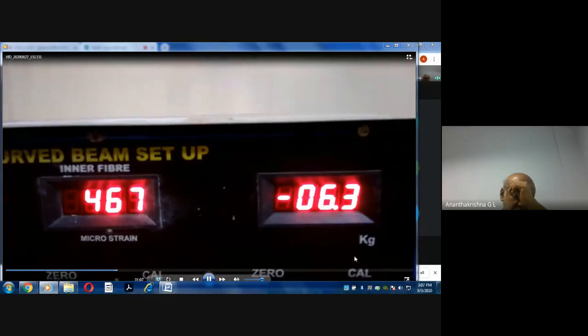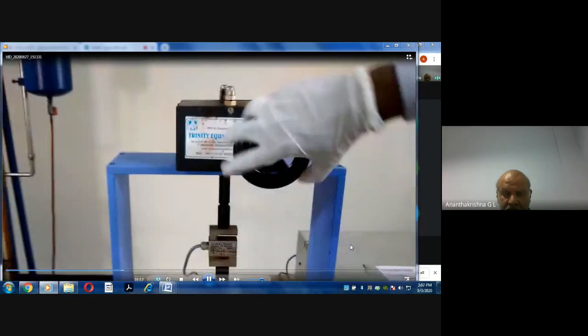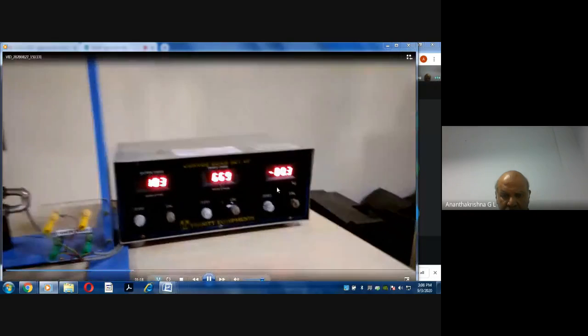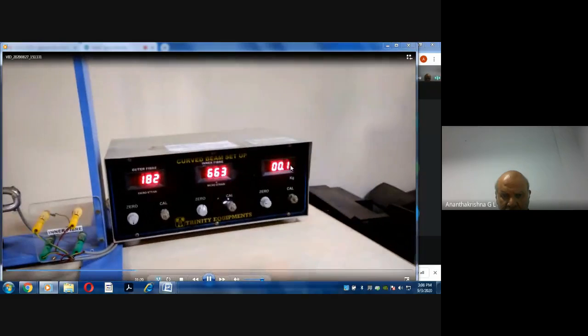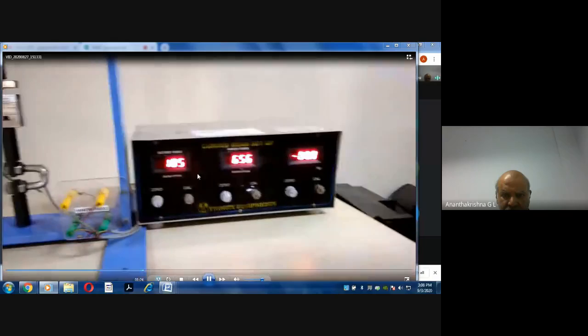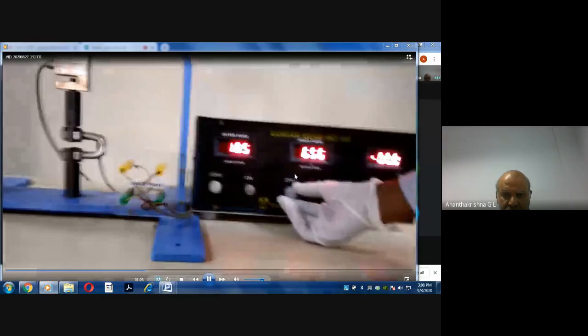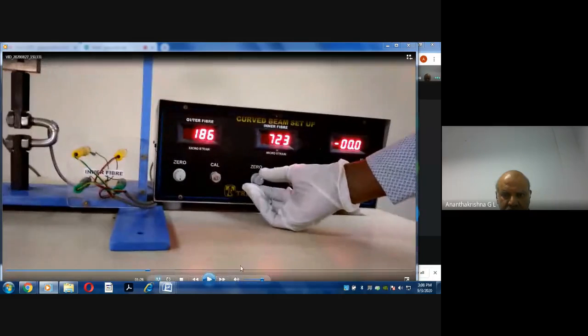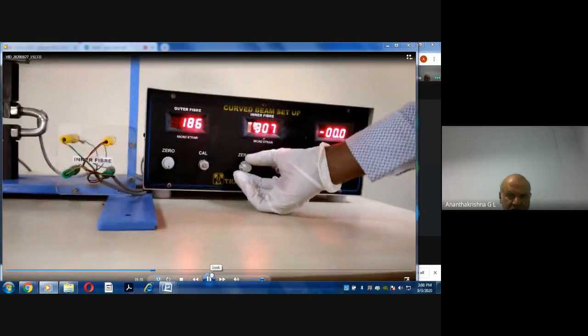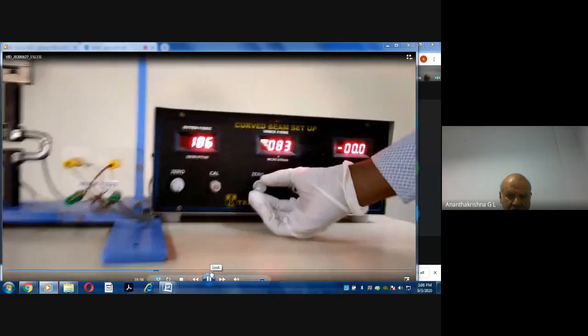Now it is showing minus 6.3. We need to make it 0 by rotating the wheel and see that it is set to 00. Okay, now it is set to 00, and now you set the strain at inner and outer fiber also to 0 by rotating the knob.